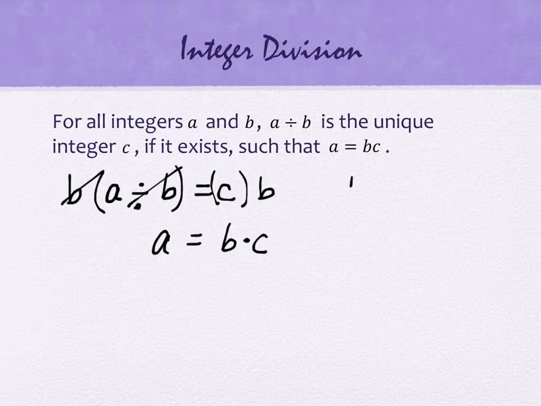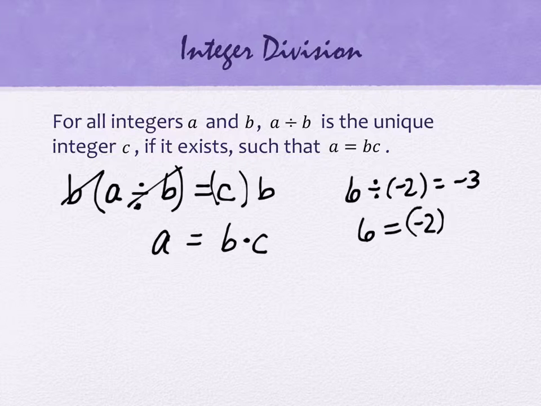And you guys do it with numbers all the time. The reason 6 divided by -2 is -3 is because 6 is equal to -2 times -3. Right? That's what it means to do division. We're just doing it now with the possibility of having negatives.